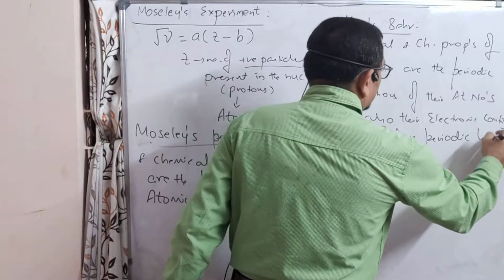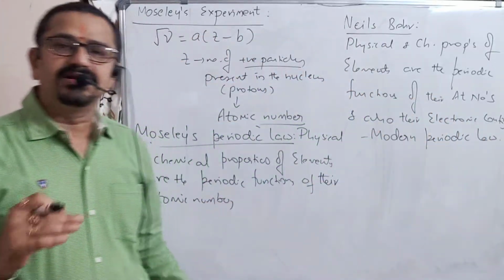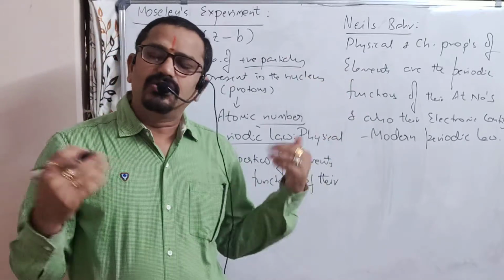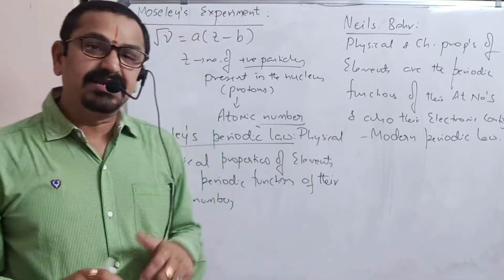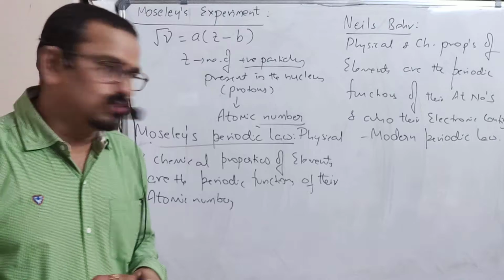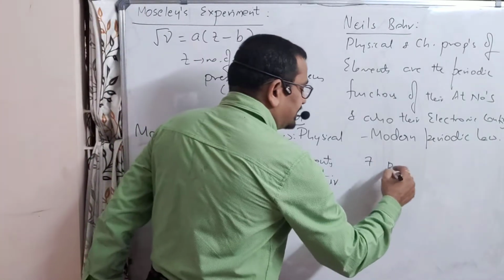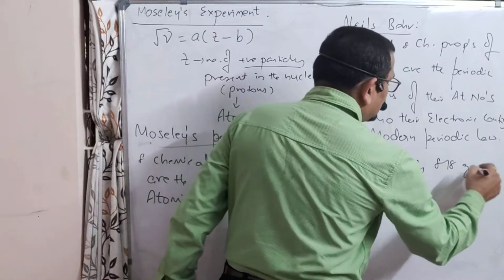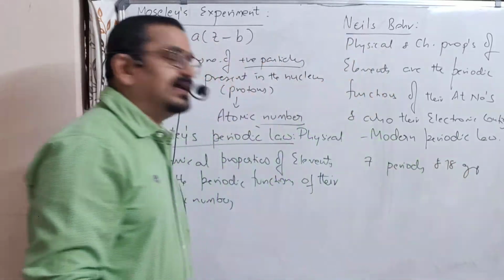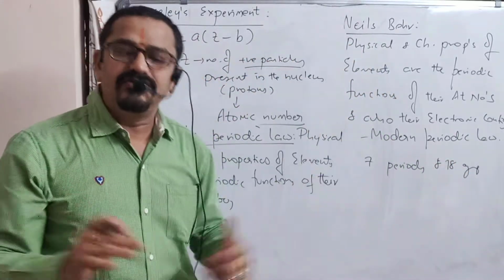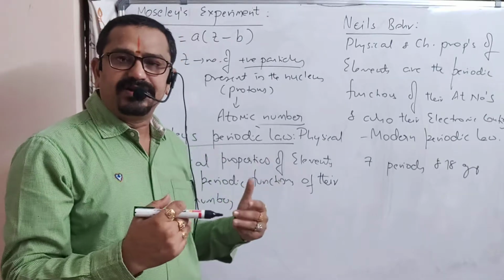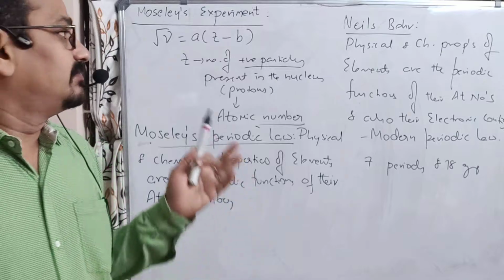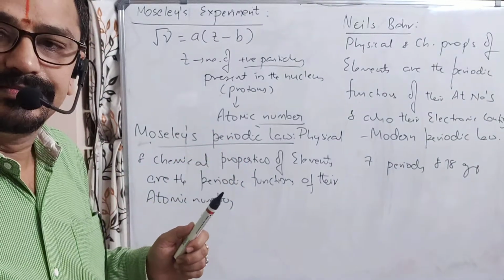Modern periodic law, according to which the then existing elements were arranged in a big long form of periodic table containing 7 periods and 18 groups. Now, whatever periodic table we are using is based on the modern periodic law given by Niels Bohr.